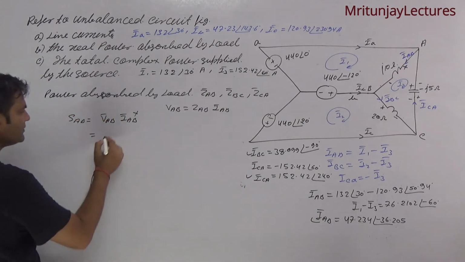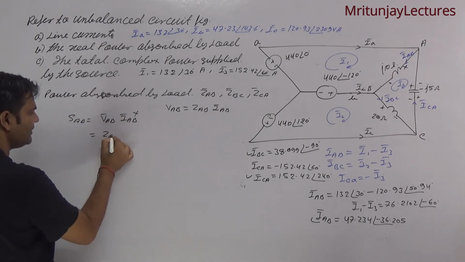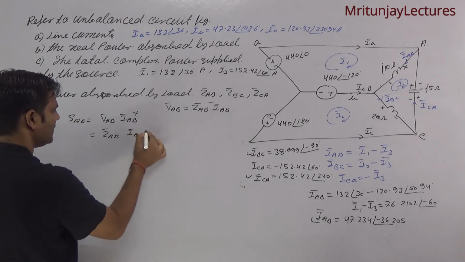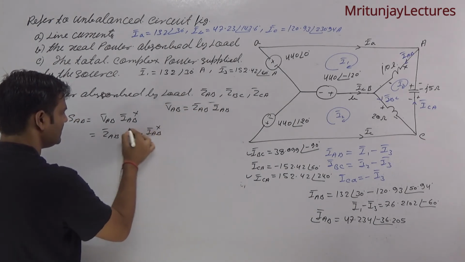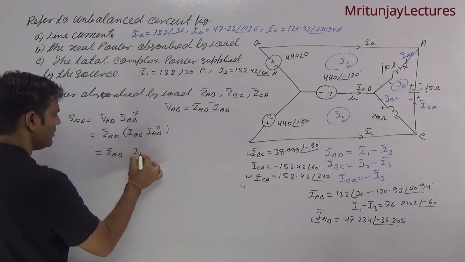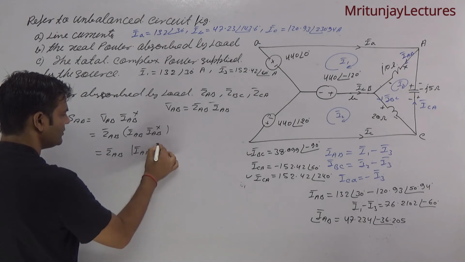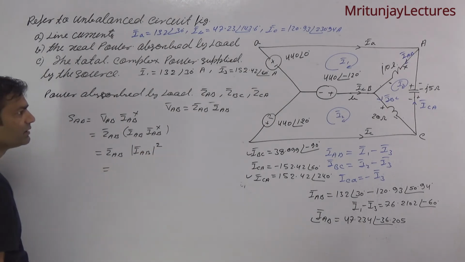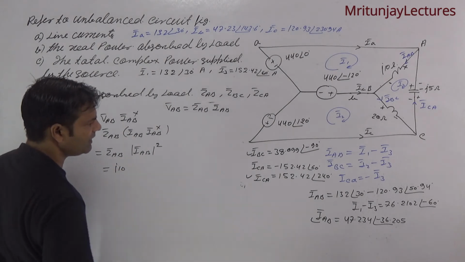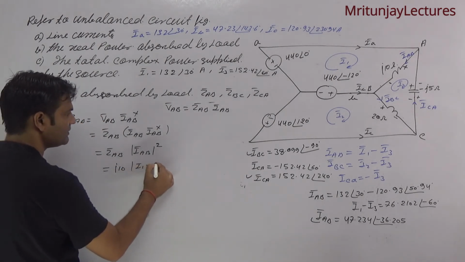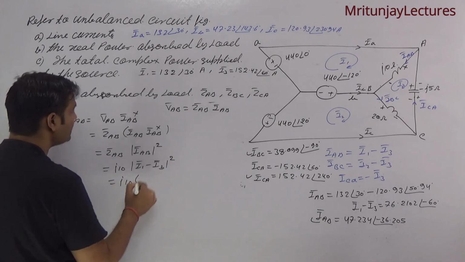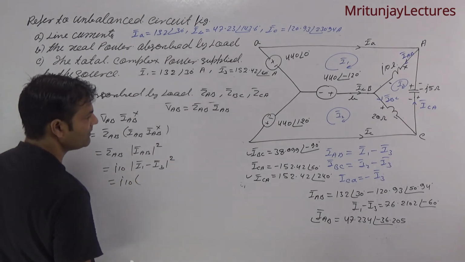So if this one is written as Z of AB, I of AB and conjugate of I of AB, what is the meaning of this one? Z of AB into mod of I of AB to the whole square. What is the value of I of AB? I of AB means mod of I1 minus I3 to the whole square. So minus J10, I1 minus I3 means I of AB.